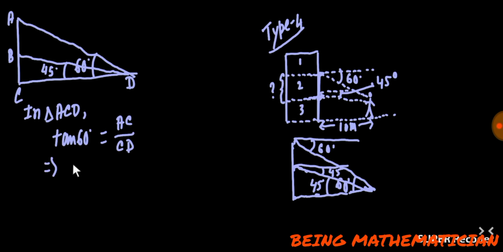So we can say AC equal to 10 root 3, since we know that CD is 10 meter and tan 60 is root 3.